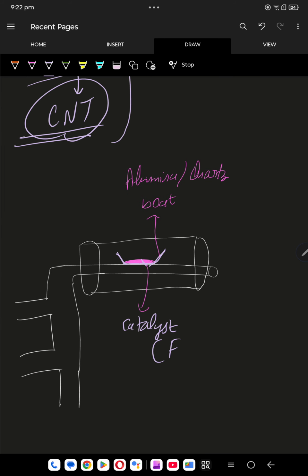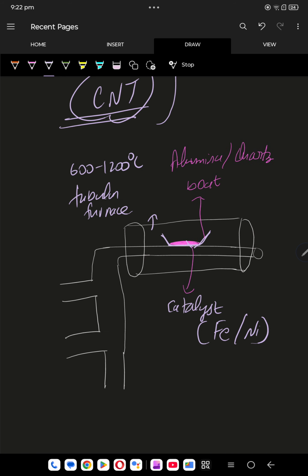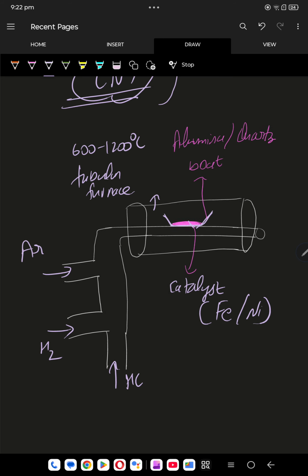Iron or nickel catalyst. And this is a tubular furnace which has temperature of about 600 to 1200 degrees Celsius. And here hydrocarbons will enter. Here hydrogen gas and here argon gas will enter. This is the main setup.